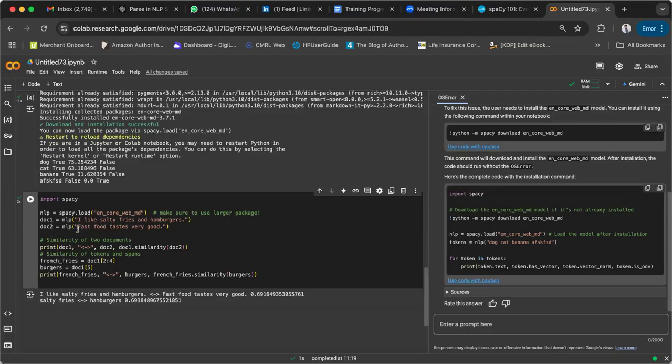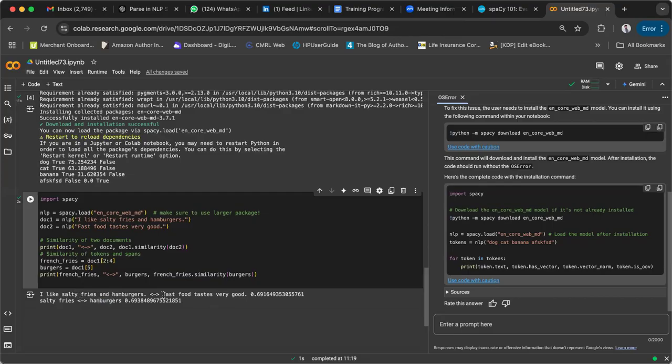In another variable, doc2, "Fast food tastes very good." We find the similarity of these two documents using this, the similarity of tokens and spans. How similar are they?